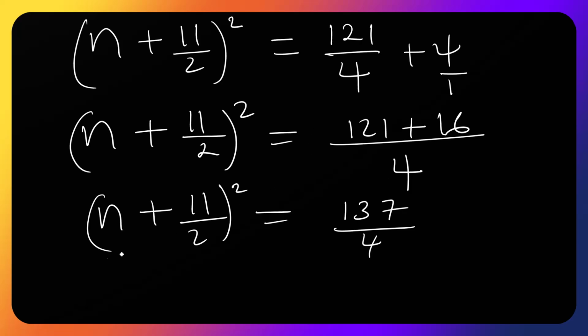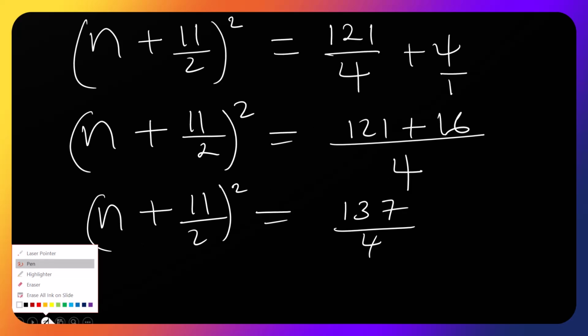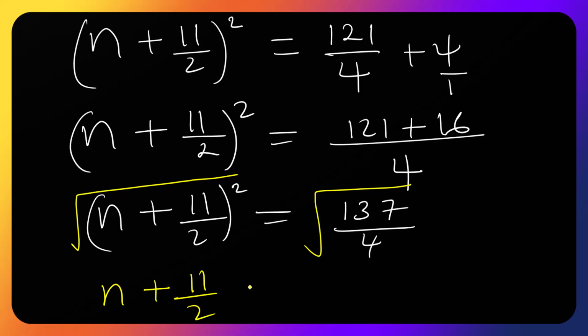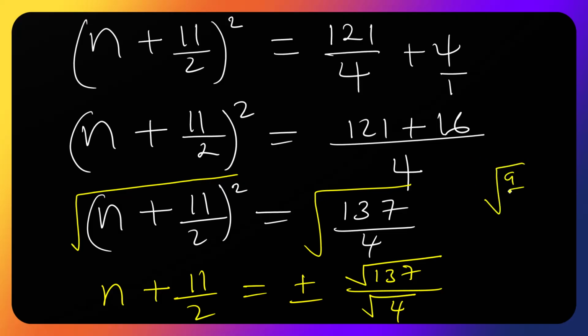So we can proceed by taking the square root on both sides. So we have n plus 11 on 2 equals plus or minus the square root of 137 on the square root of 4, following the rule that the square root of a over b is the same as square root of a over square root of b.